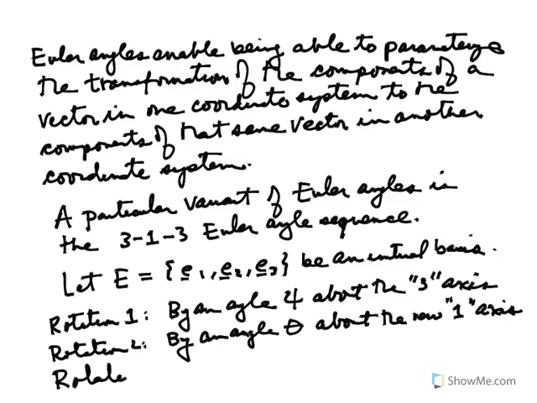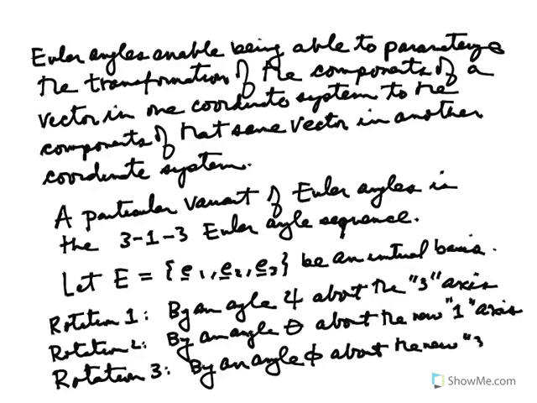Rotation 3 is by an angle phi about the new 3-axis. Okay, so now we've started this process. Now let's see what this all means.